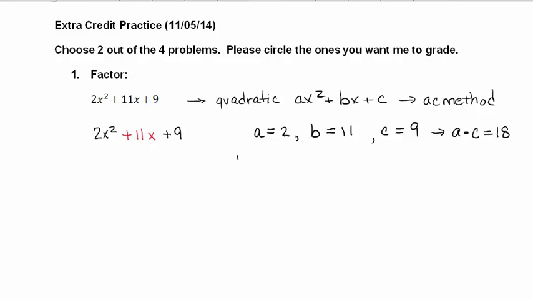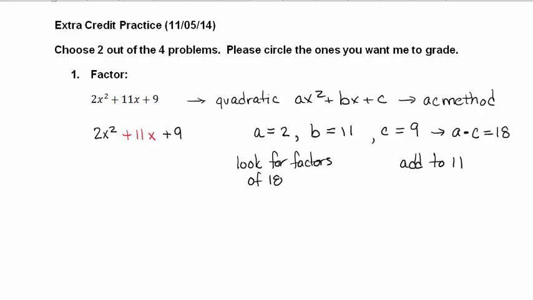So the method tells me to look for factors of 18, and they need to add up to the middle number, B, so they have to add up to 11. So let's think about that.